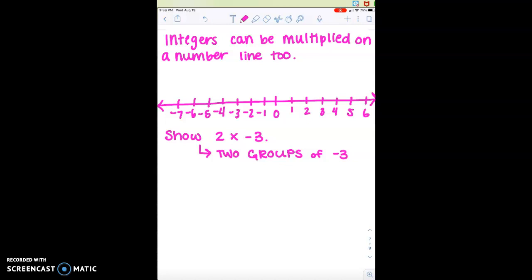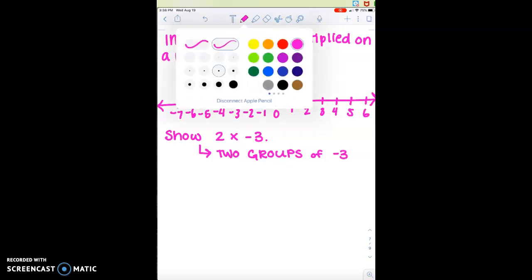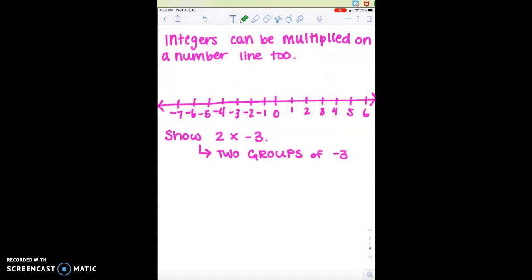Because remember, multiplication is only repeated addition, okay? So right now I have 2 groups of -3. So I'm going to draw the first one. That's one group of -3. Remember, negative, we go to the left. And then I'm going to add one more group of -3, also going to the left. And that is going to land me at -6, okay?